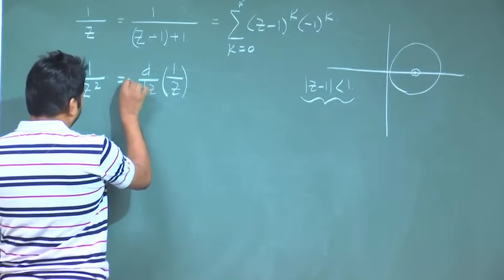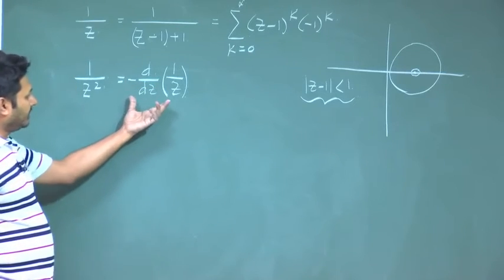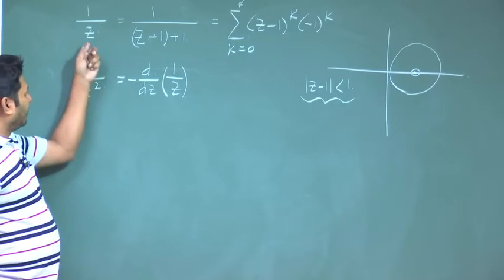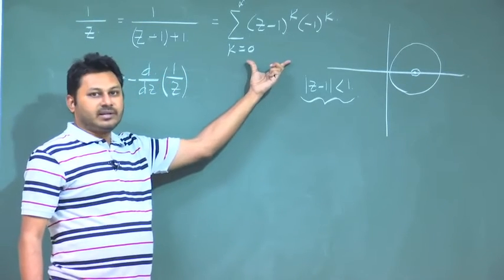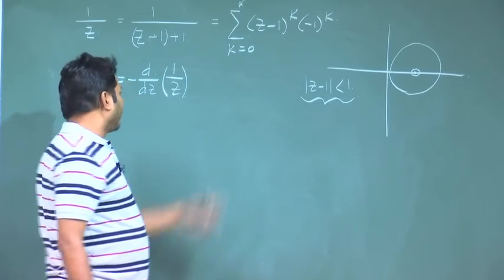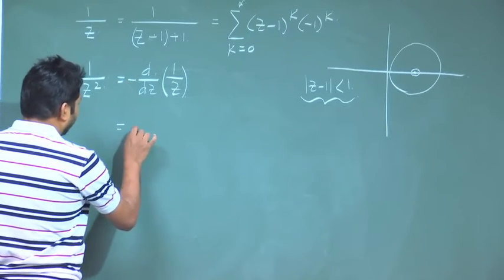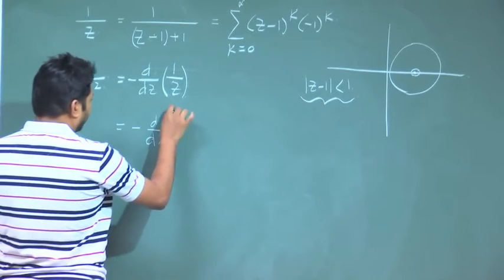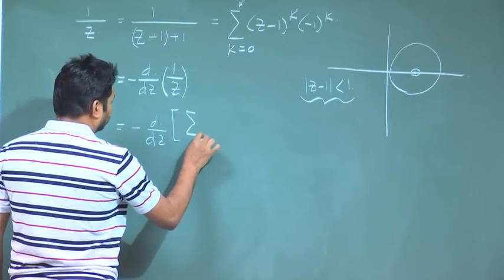So, 1 by z square is minus of this, and 1 by z I already have the expansion in my hand. If I elaborate that, it will be minus d dz of the expansion.